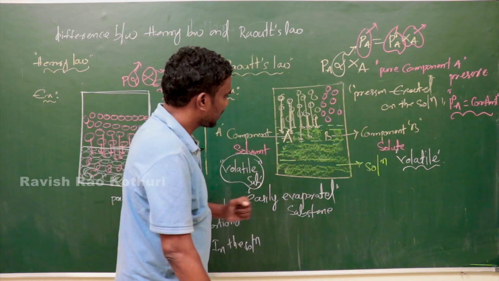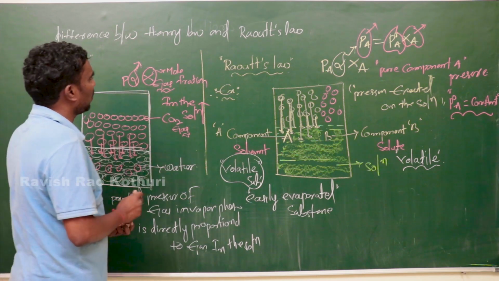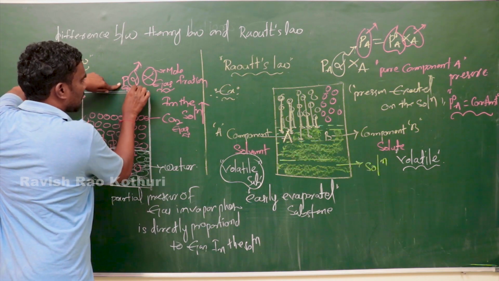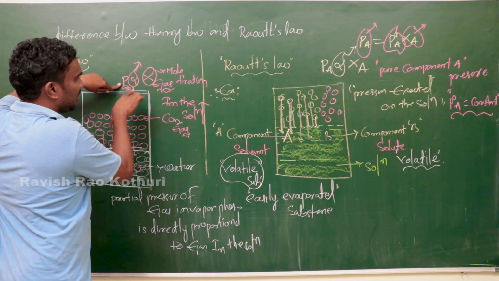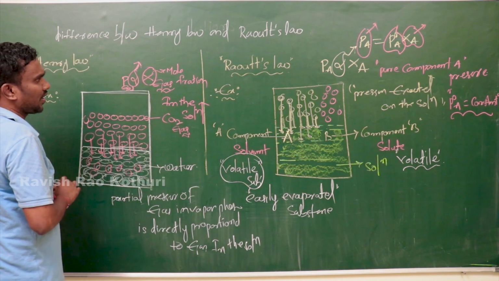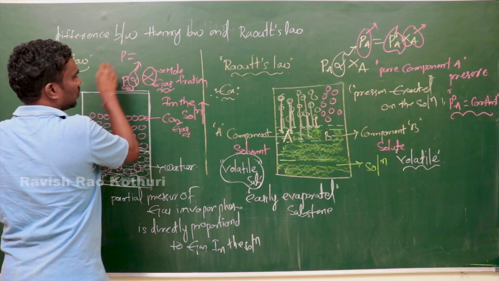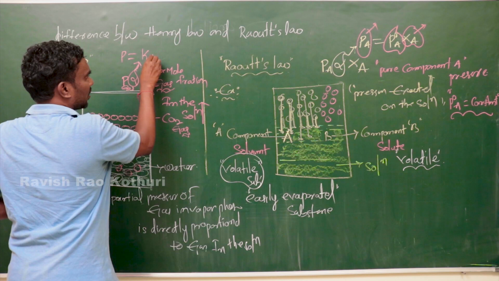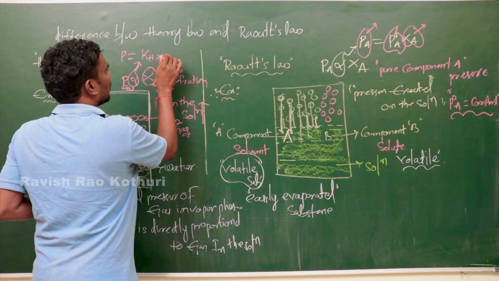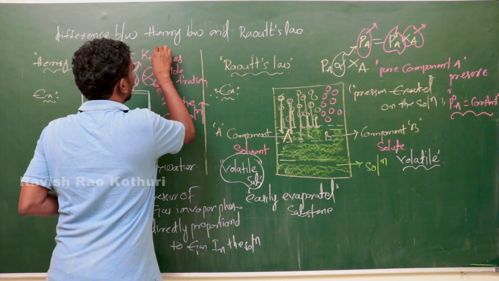That's all. Once again, see what is the difference between Henry's law and Raoult's law. See, here, partial pressure of gas, right? Partial pressure of gas is directly proportional to the mole fraction of the gas. So, if you take out proportionality here, what happens? Here, P equal to one constant will come. That constant is Henry's constant into mole fraction of gas.